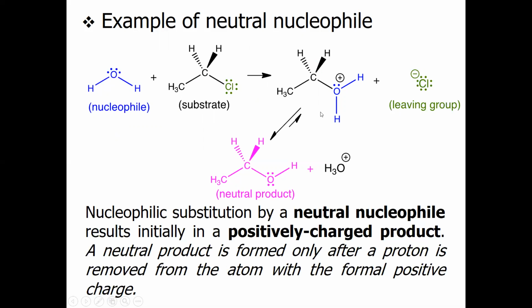Then it will rearrange to give the neutral product. So when a neutral nucleophile initially results in a positively charged product, a neutral product is formed only after a proton is removed from the atom with the formal positive charge.